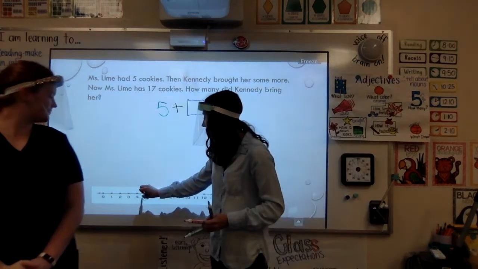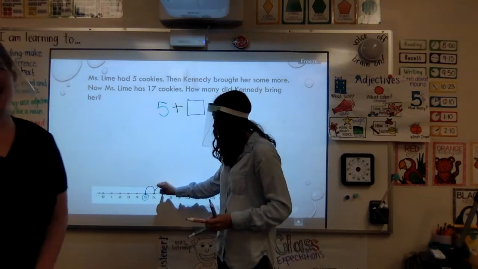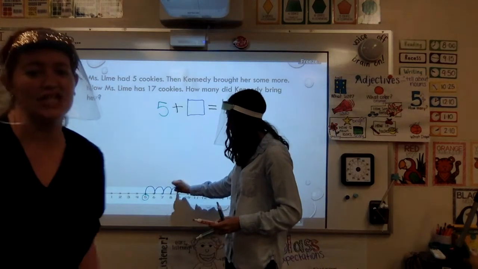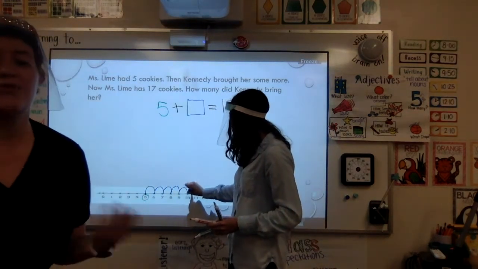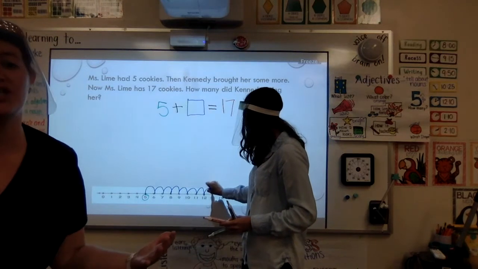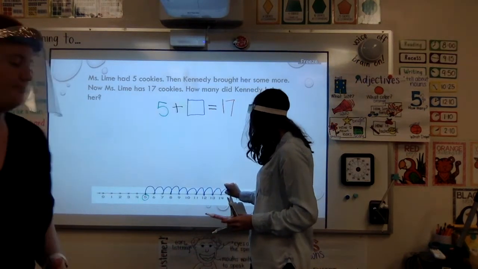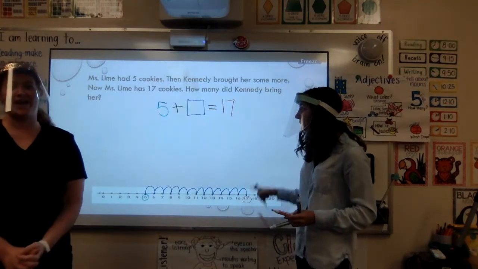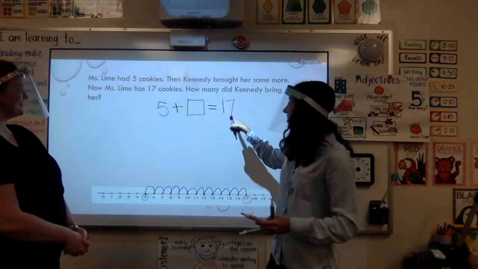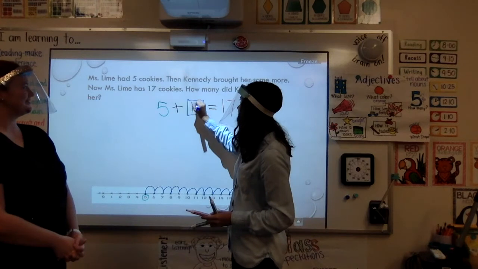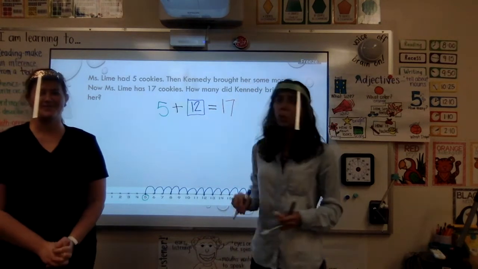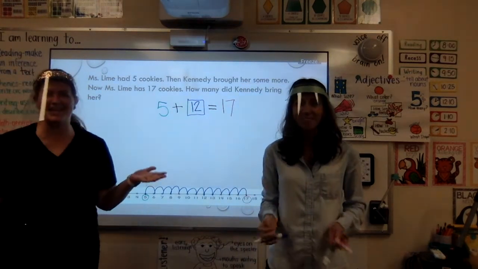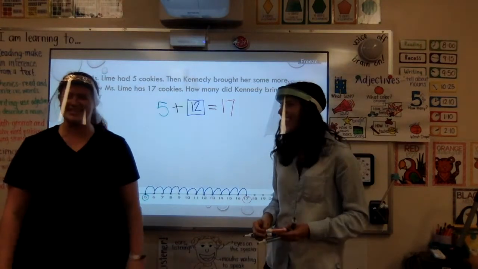I like that Miss Lestico circled both numbers, so she knows exactly where to stop on her number line. 1, 2, 3, 4, 5, 6, 7, 8, 9, 10, 11, 12. I made 12 jumps to get to 17. So Kennedy must have brought Miss Lime 12 cookies. Wow, thanks, Kennedy. Oh, I love these cookies.